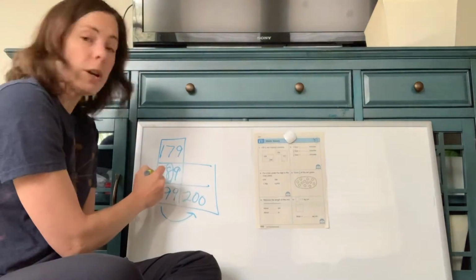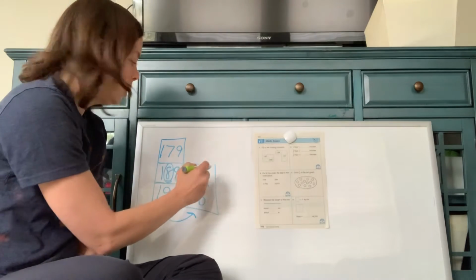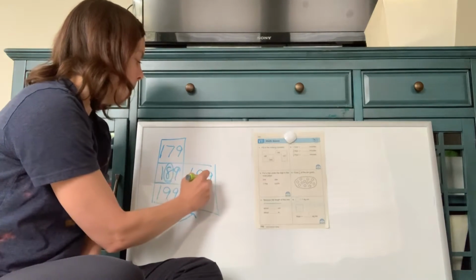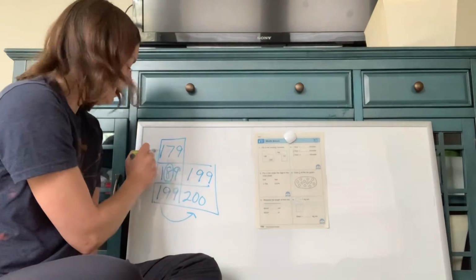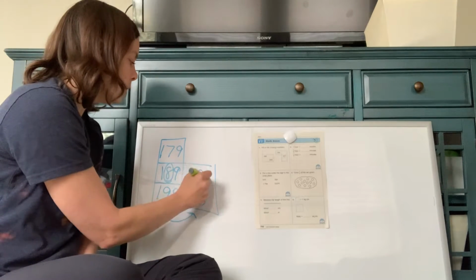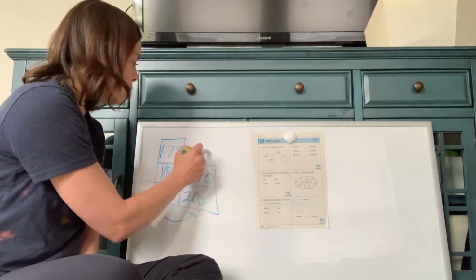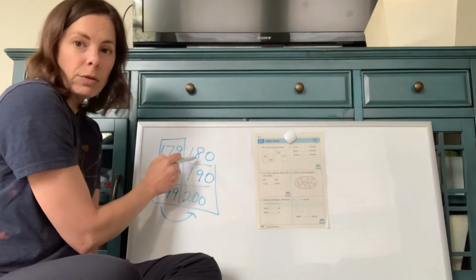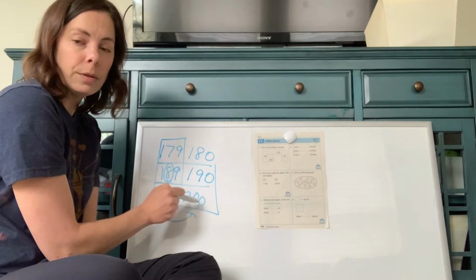Or I can look at 189 that I already wrote, and I know that one more would be 199. If I had to do one more, 179. Oh, this would be 190, sorry. 179 plus one more would be 180. You don't have to do that one, but look, 80, 90, 100.